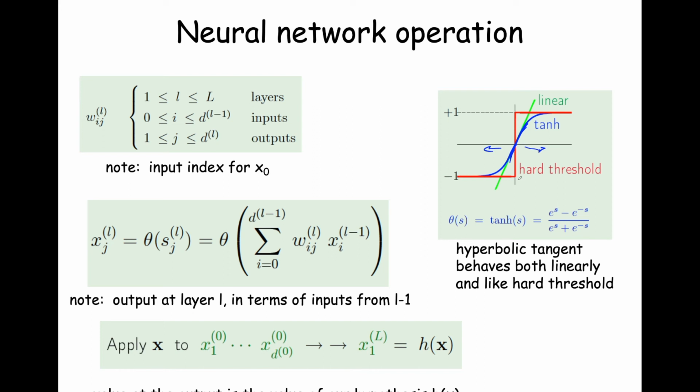The hard threshold is in the red. Tanh is either +1 if you have a large positive score, or -1 if you have a large negative score. But if it gets closer to origin, it looks more like this linear threshold. And so tanh interpolates, if you will, between a linear threshold and a hard threshold. You can think of it as softening your hard threshold.